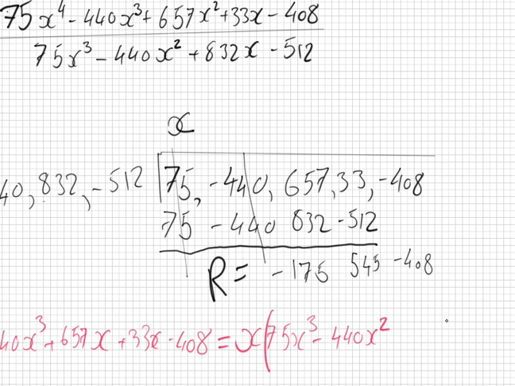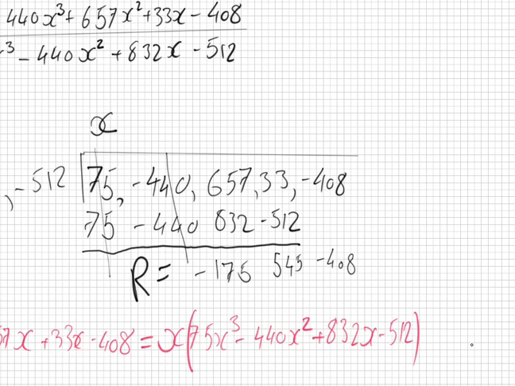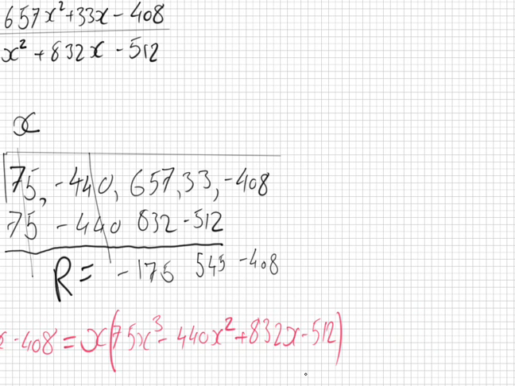I'll need to go to the right. Plus 832x minus 512 plus the remainder, which is this, the remainder here, minus 175x squared plus 545x minus 408.